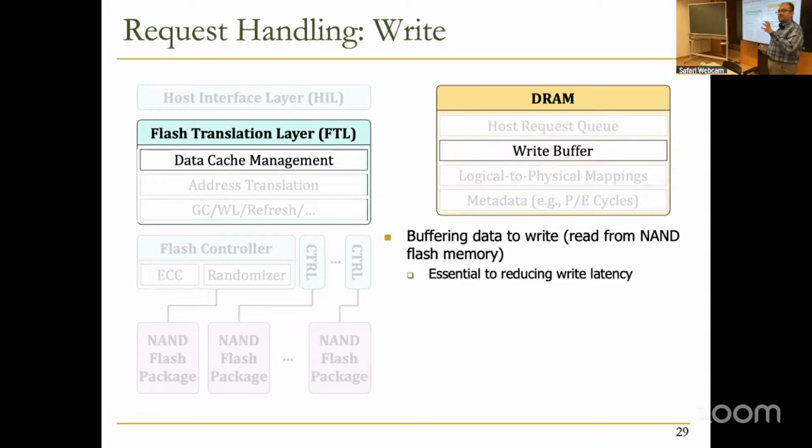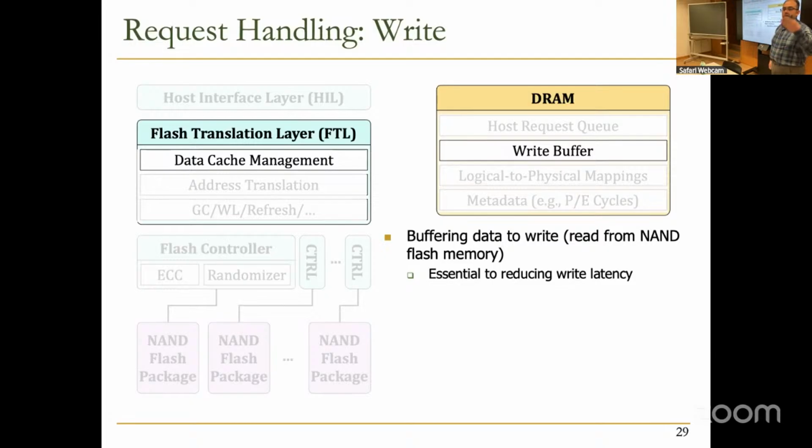There might be some dirty data in that DRAM buffer, and when you have a power cut, those capacitors provide charge for the SSD to write back the dirty data in that DRAM to the flash memory.